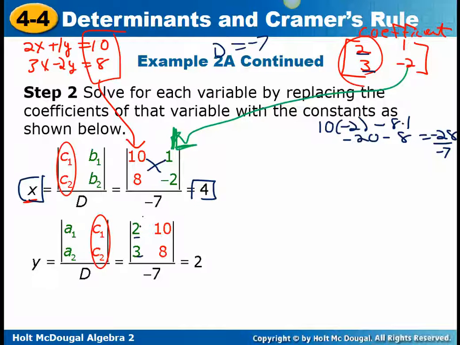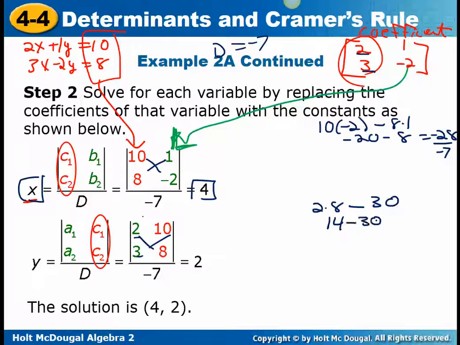So we take 2 times 8 minus 3 times 10. So that's 16 minus 30, which is negative 14. And then we divide that by negative 7, and we get 2. So y is equal to 2. So now we have an answer to our system of equations of 4, 2.